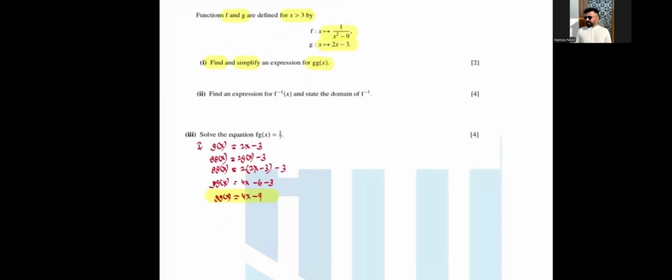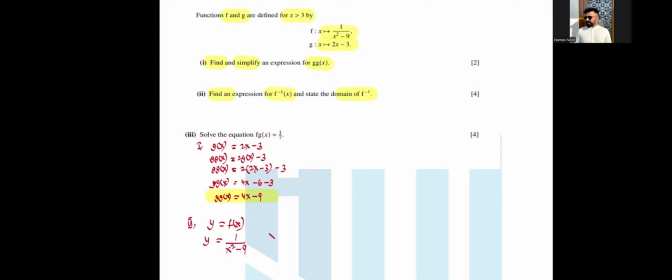Now in part 2, it says to find an expression for f inverse x and state the domain of f inverse. So here we need to find the f inverse x function first. First of all, we will put y equals f(x). So y equals 1 divided by x squared minus 9.